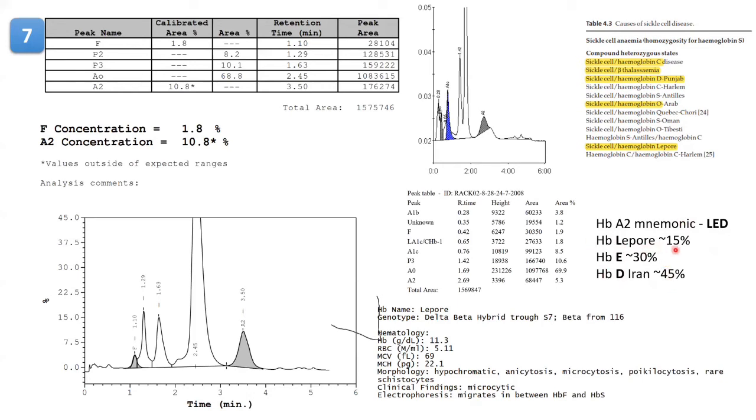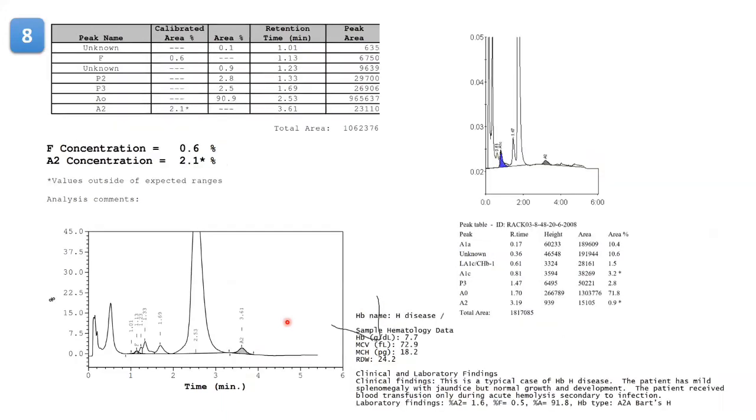So Lepore will usually be less than 15%, 10 to 15%. Hemoglobin E in trait, that is heterozygous conditions, will be around 30%, and hemoglobin D Iran will be around 45%. So this is one thing which is easy to remember, this mnemonic of LED, Lepore, E, and D, in the variants which coelute in hemoglobin A2.